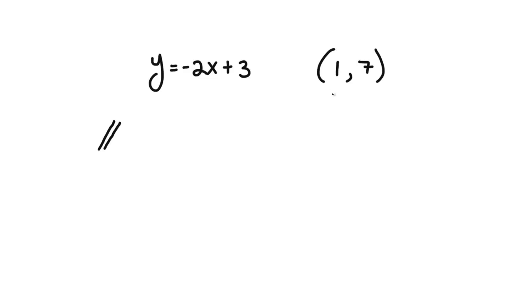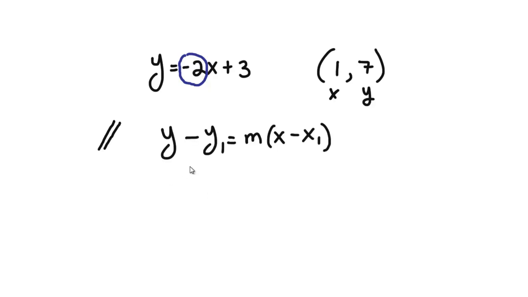So we'll start off by labeling the x, which is the 1, and the 7, which is the y. And now, since we know that the slope of this line is -2, we also want the slope of the line that we're going to write out to be -2 as well. And we're going to have to use this point (1, 7).